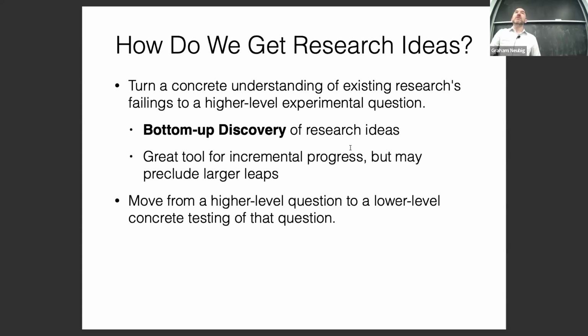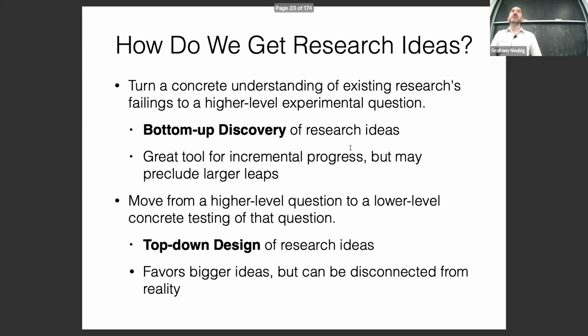On the other hand, there's something from the opposite direction, which is moving from a higher level question to a lower level concrete testing of that question. This is top-down design of research ideas. This favors bigger ideas, but these ideas can be disconnected from reality, or they could be not solving the right problems.